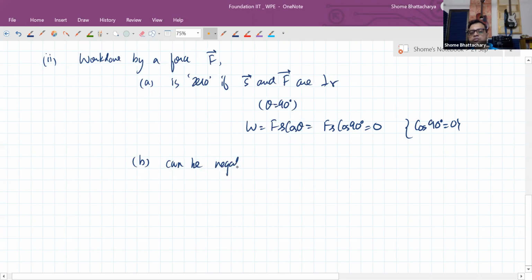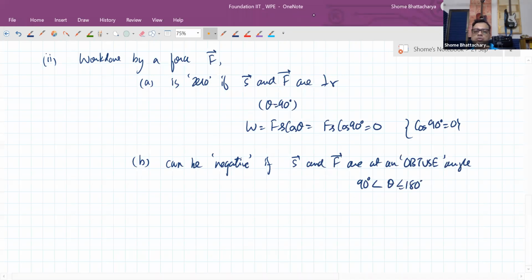Similarly, it can be negative if displacement and force are at an obtuse angle, that is theta is greater than 90.